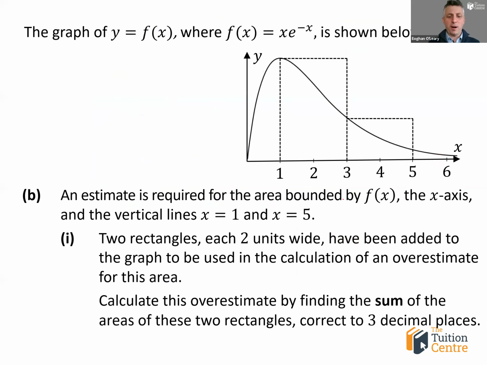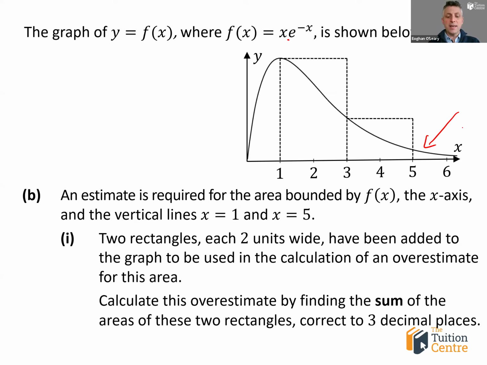And then you look over the next part, and there's a bit of work to do here too. It says the graph of y equals f of x, where f of x is x times e to the power minus x, is shown below. So this is the graph of that function. An estimate is required for the area bounded by the function, the x-axis, and the vertical lines x equals 1 and x equals 5.